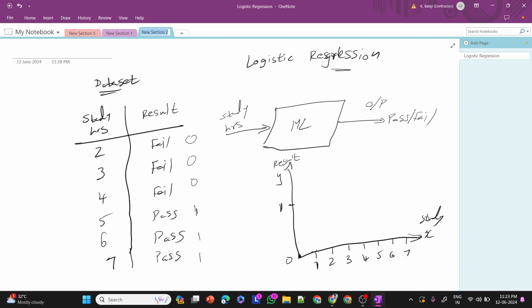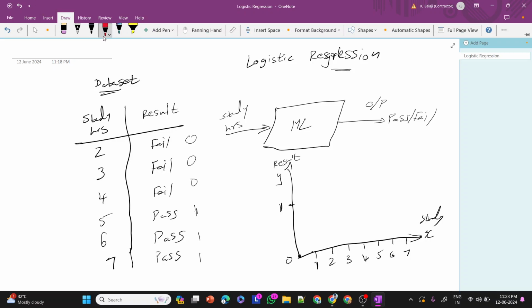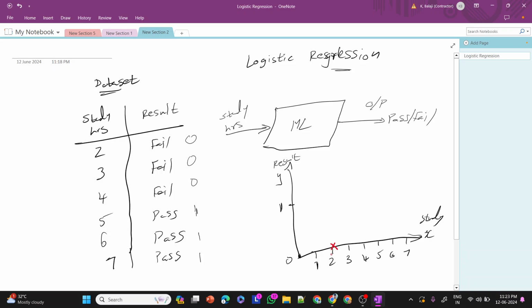Let's consider a person who studies for 2 hours, they fail in the exam. So for fail we should consider the result as 0, so for 2 hours the data point will be here, for 3 hours here, and 4 hours here. Whenever a person studies for 5 hours, they will pass. That means we will get 1 as an output for 6 hours and 7 hours.